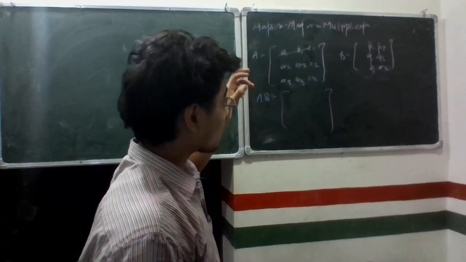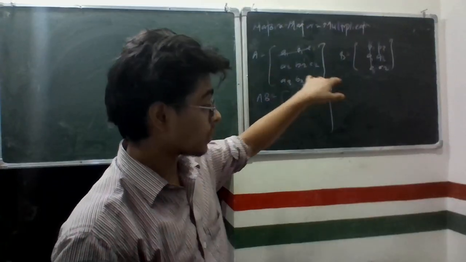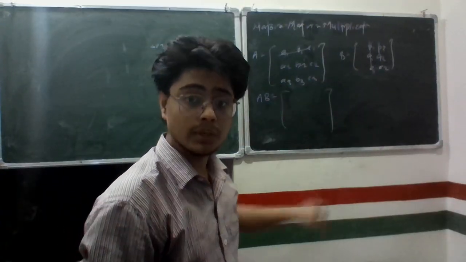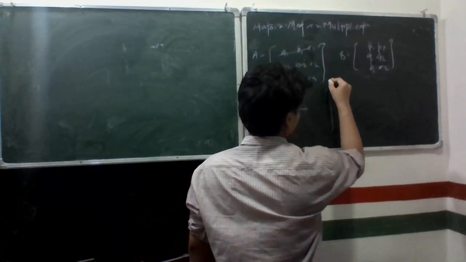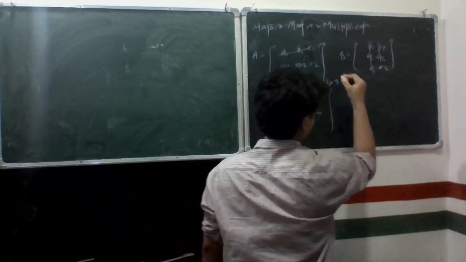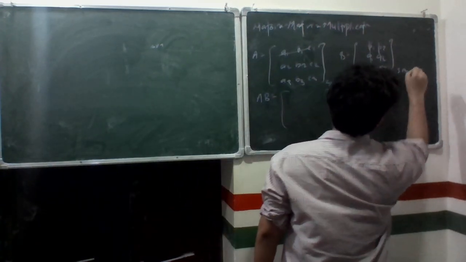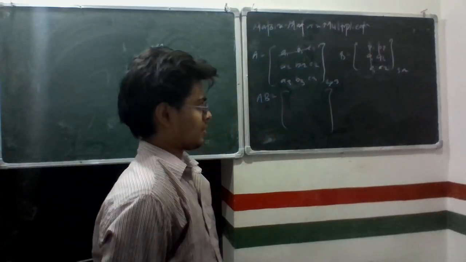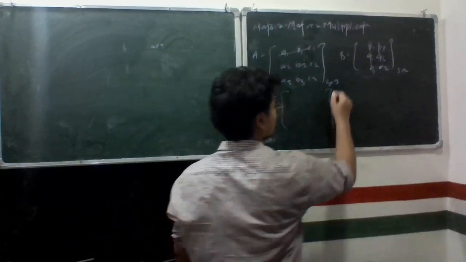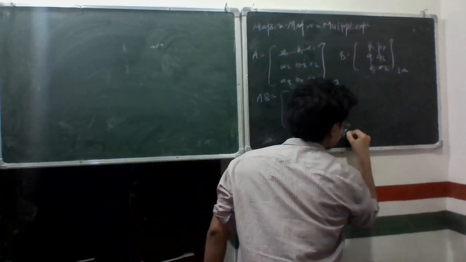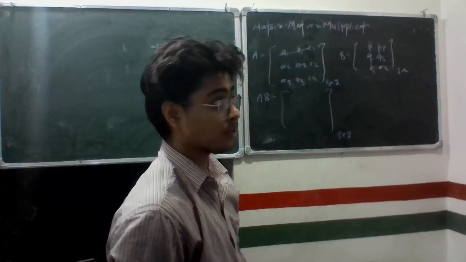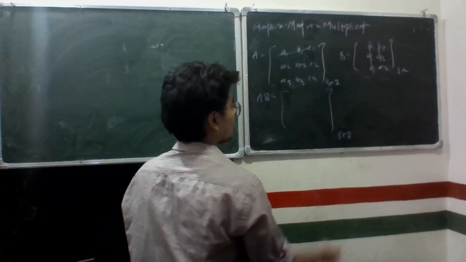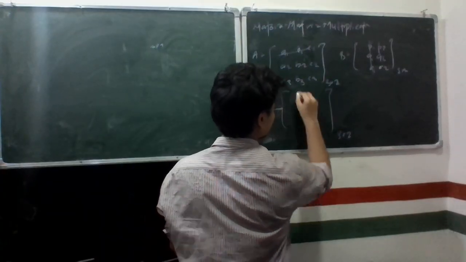If the number of columns of the first matrix is equal to the number of rows of the second matrix, then only is matrix multiplication viable. Here, it's a 3 by 3 matrix and a 3 by 2 matrix, so multiplication exists and the resultant matrix is of order 3 by 2.